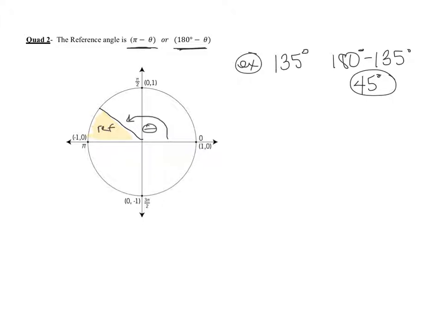Okay, now let's look at an example in radians. Let's say we have 3 pi over 4. Okay, so for 3 pi over 4, we just need to figure out where it lies on the unit circle. So look, if we come over to pi, we could rewrite pi in terms of the denominator 4. So pi is the same thing as 4 pi over 4.